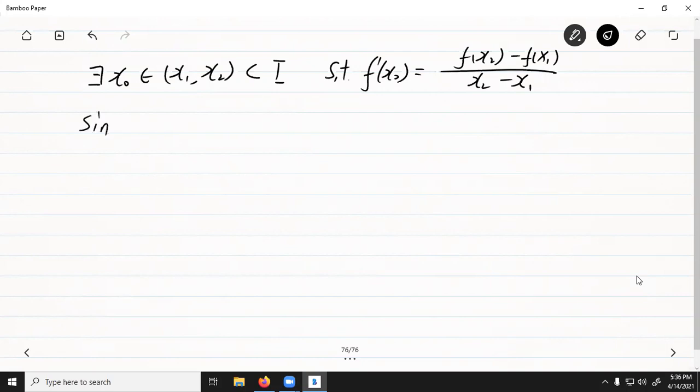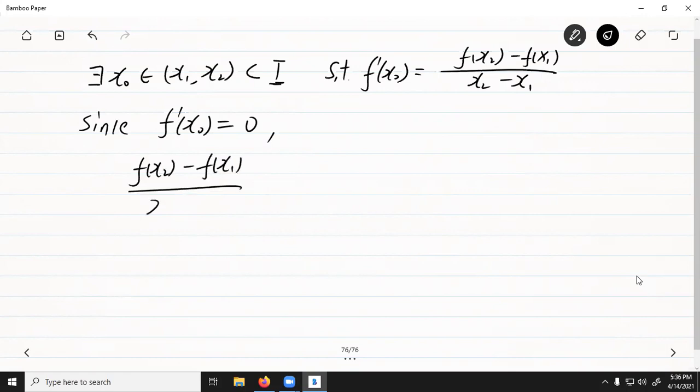Since we know the derivative at any point in I is 0, f prime of x0 must be 0, right? So that means f of x2 minus f of x1 over x2 minus x1 must be 0. So if you have a fraction equal to 0 and x1 is not equal to x2, because x1 is less than x2, that gives you that the numerator must be 0.